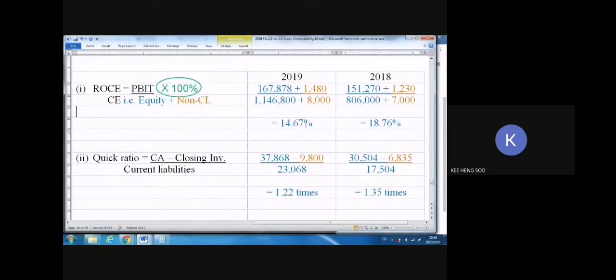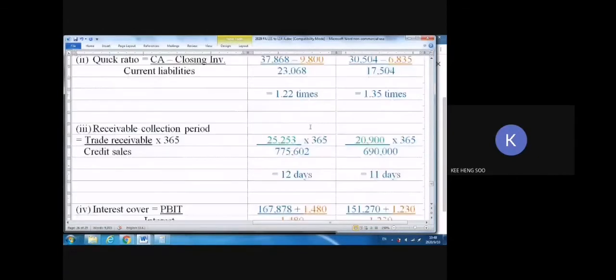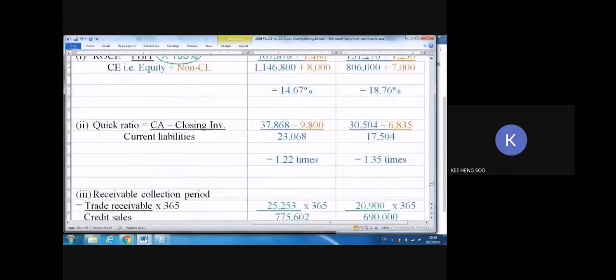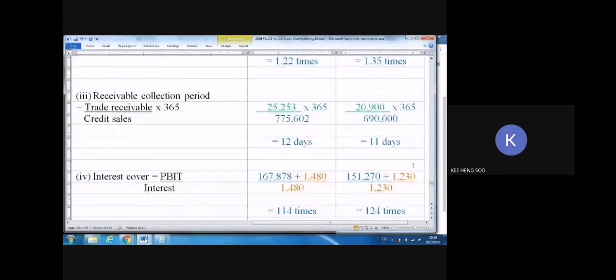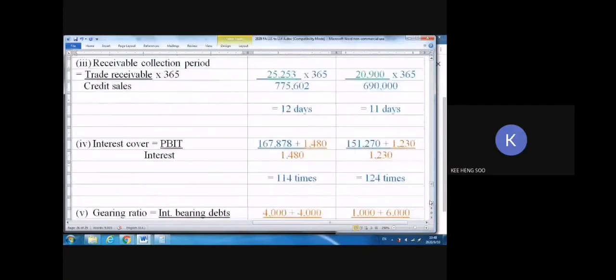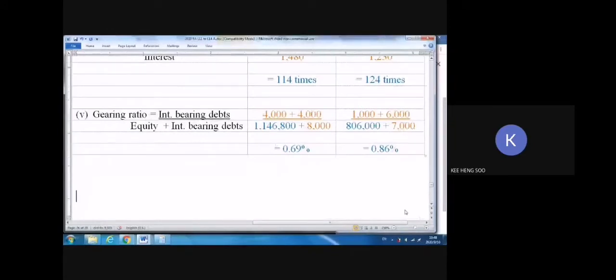Okay, ROCE done already. Quick ratio done already. Okay, so it's done already.